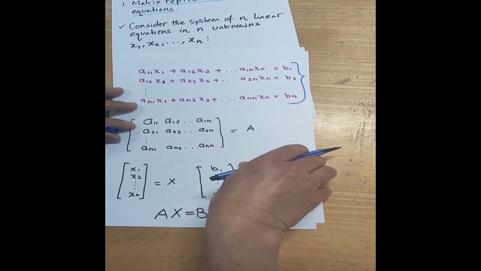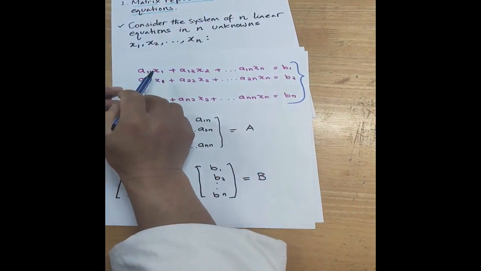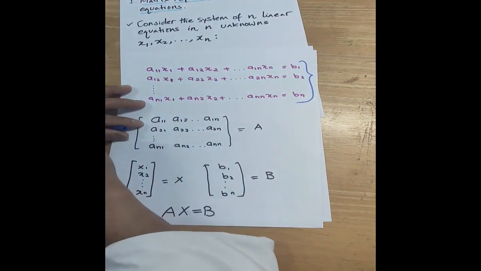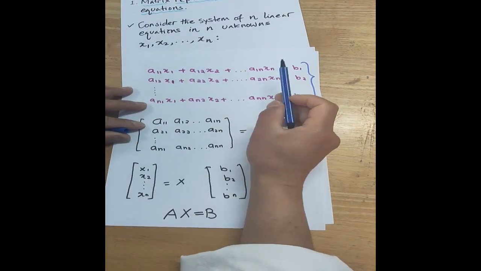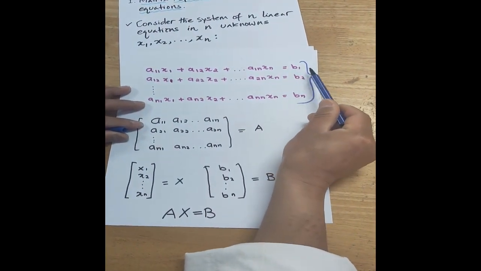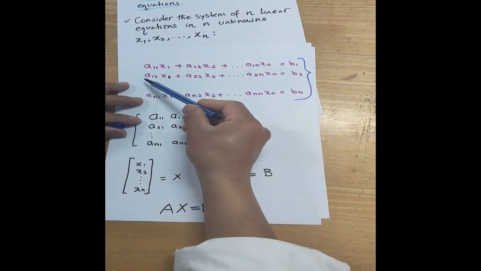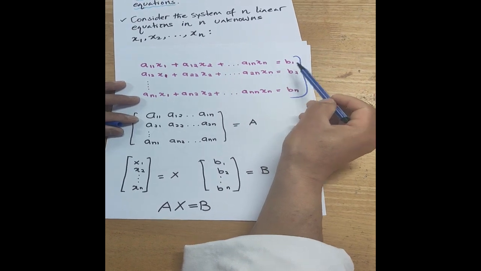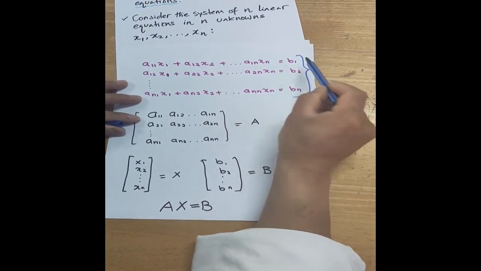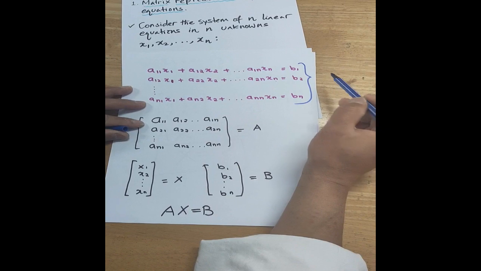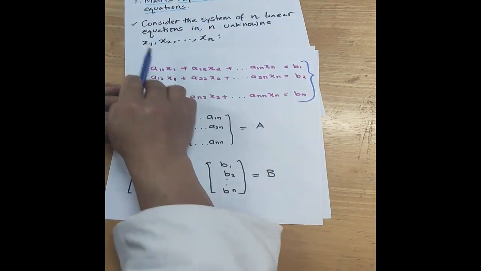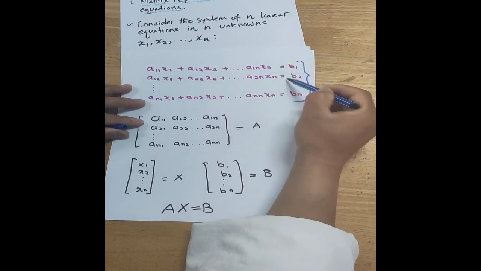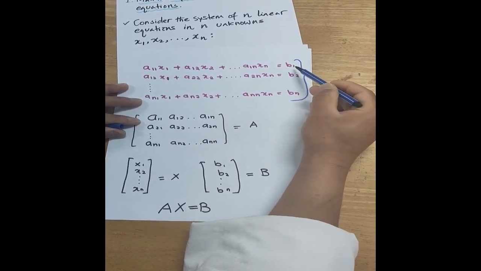In this system, the coefficients a11, a12 till a1n are the coefficients of the first linear equation, and similarly the coefficients of the second equation are given here. The variables involved are x1 till xn, and the constants are b1 till bn.